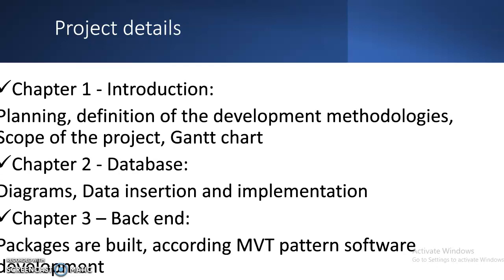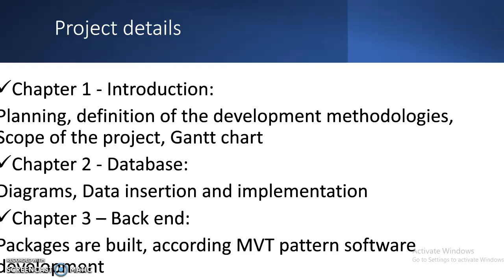Talking about the project details, I have done chapter 1, the introduction, which includes the planning and the definition of the development methodologies. I'm using the Agile and Waterfall methodologies.